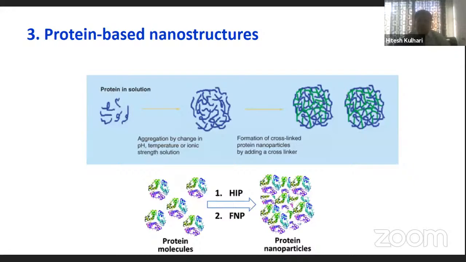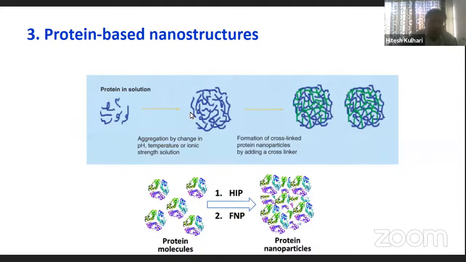Next is the protein-based nanostructure. As our body is also made up of various proteins, and various types of proteins are already present in our body, we can use proteins for making nanoparticles for biological applications. So here is a protein present in solution form. Its size will be at the angstrom level, or sometimes 1 or 2 nanometers.